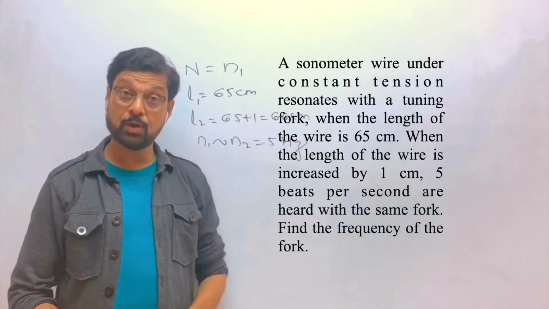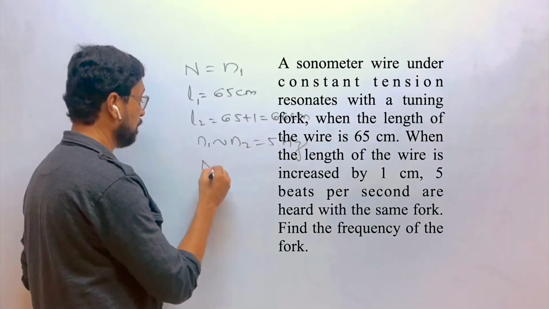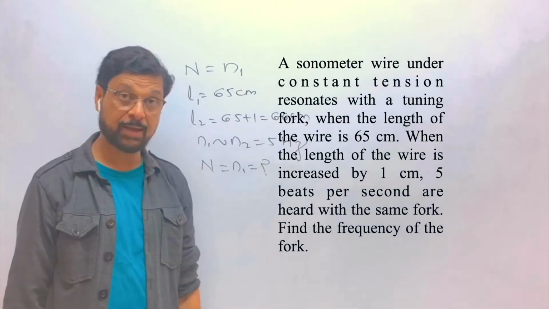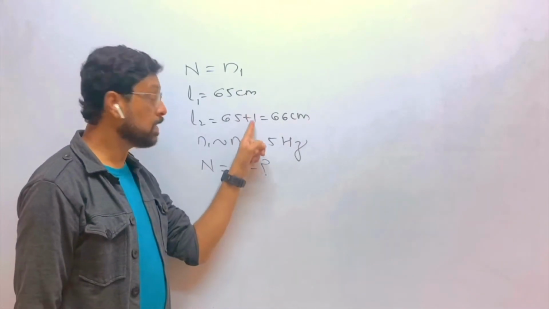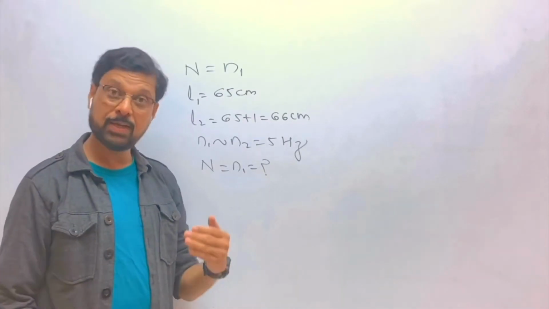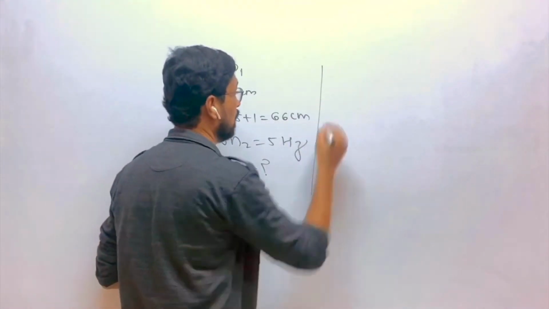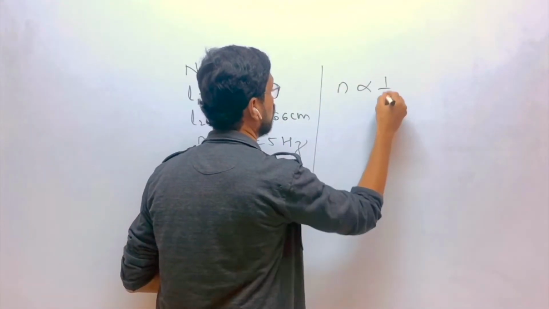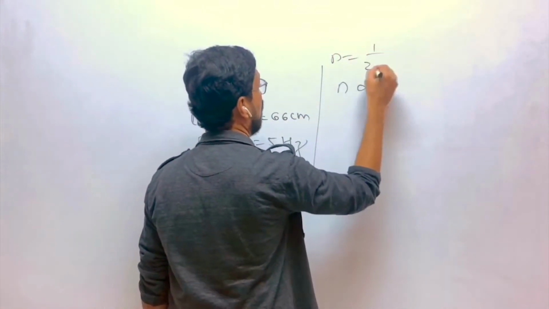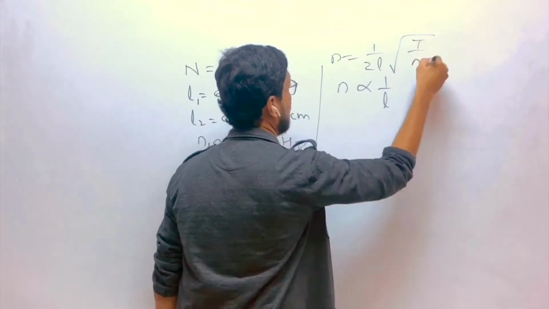Find the frequency of the fork. Capital N, that is N1, we have to find. When length increased, what happened to the frequency? It decreased. N is inversely proportional to L from the formula N is equal to 1 upon 2L under root T by m.